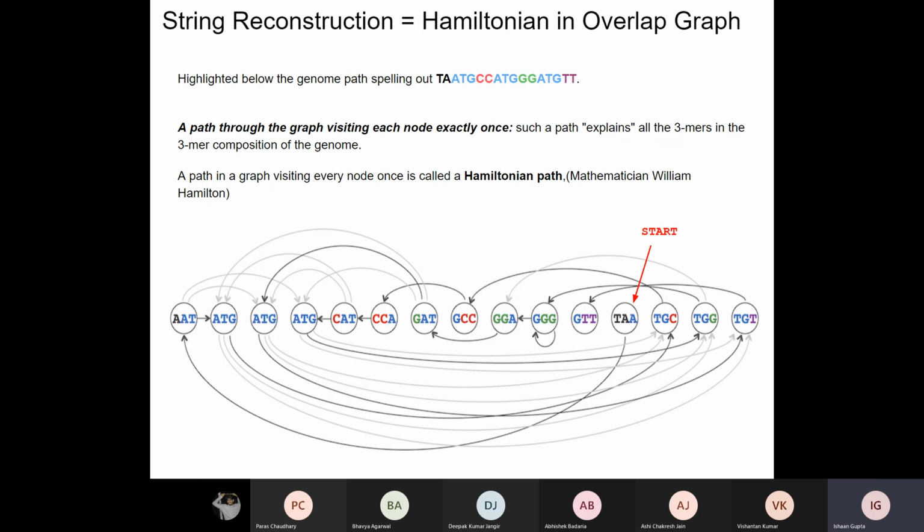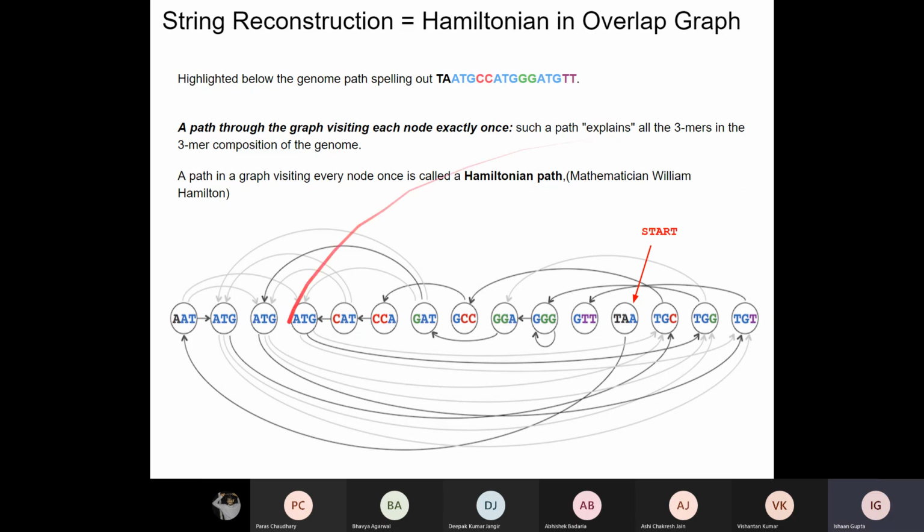Now, when you have to reconstruct the original genome, you have to find a path in this graph which touches each k-mer, each node, once. Such a path is called a Hamiltonian path, because this was a mathematical problem formulated by a mathematician called William Hamilton.